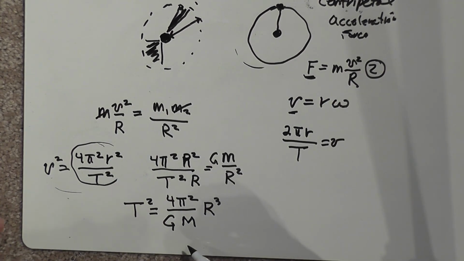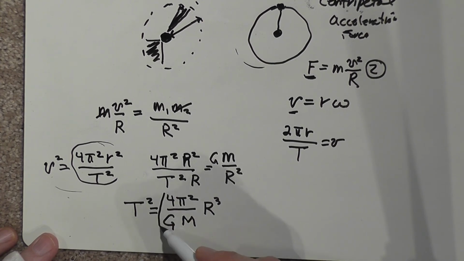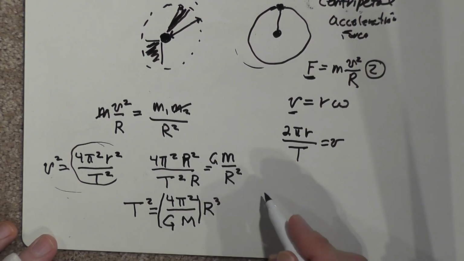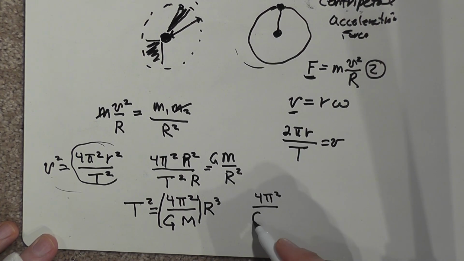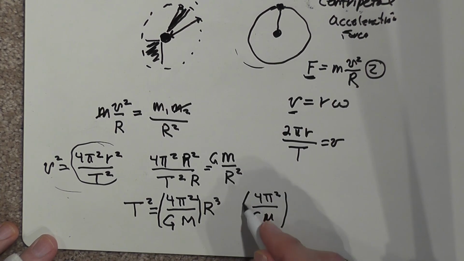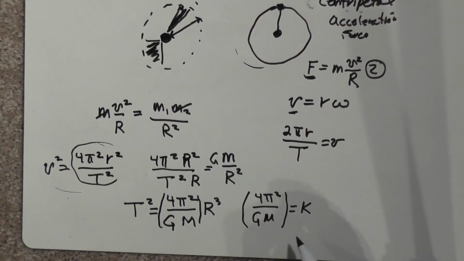So this right here in the center, let me just say this: the 4 pi squared divided by the universal gravitation constant times the mass is known as K, and that is Kepler's constant.